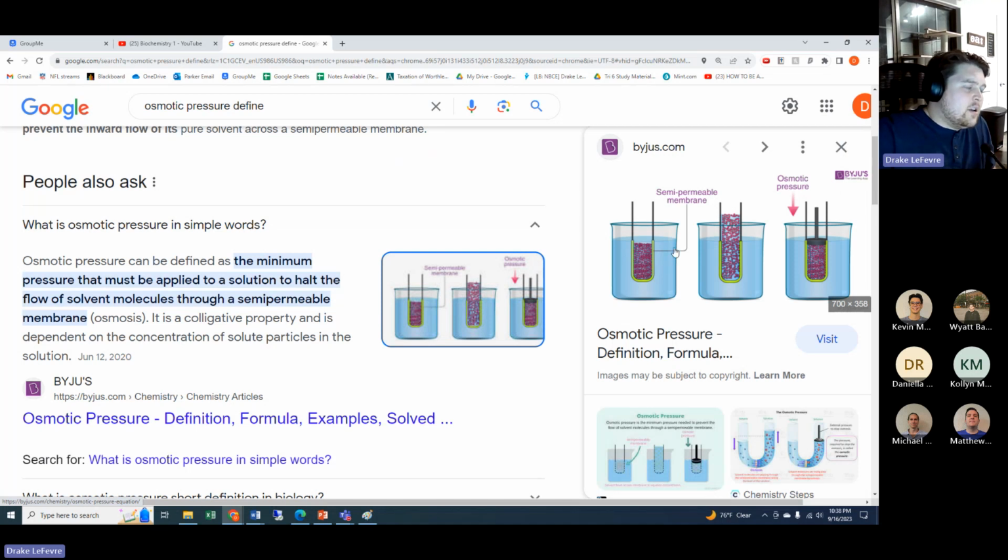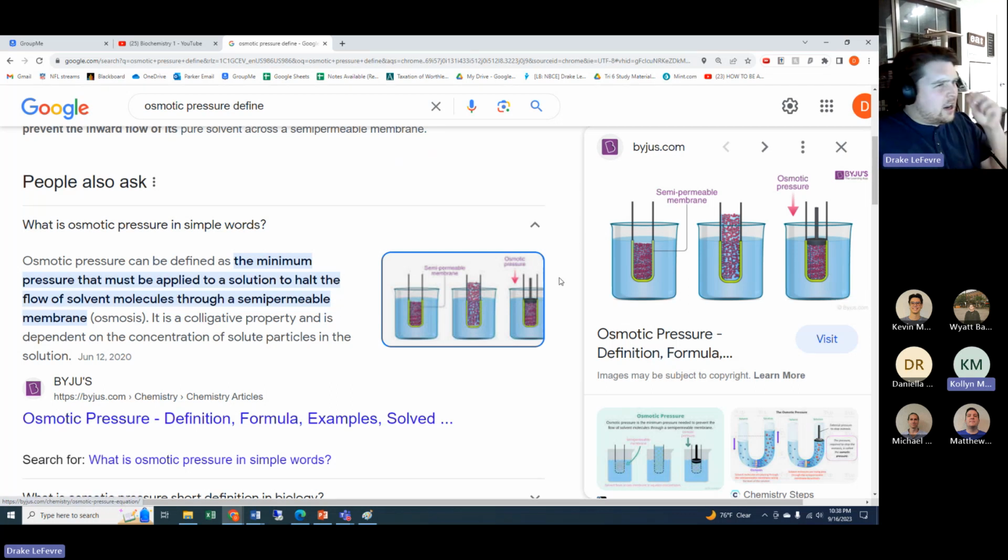Typically, if we have a semi-permeable membrane right here, and we have a very high concentration of solutes mixed in here, all of the water is going to want to rush into it. But if you apply pressure to it, this is known as the osmotic pressure. However much pressure you apply cancels out the water's ability to flow across the membrane. And that's what an osmotic pressure is.